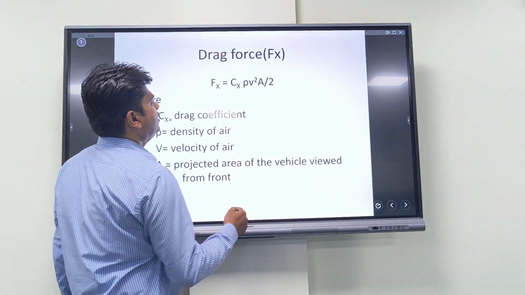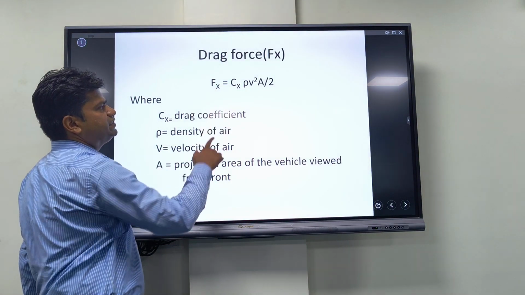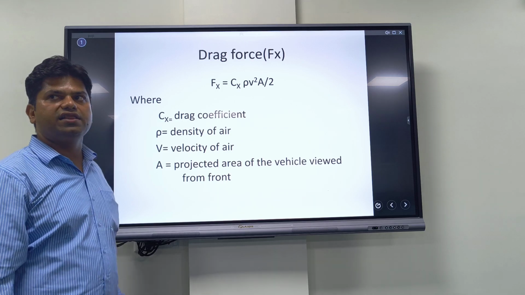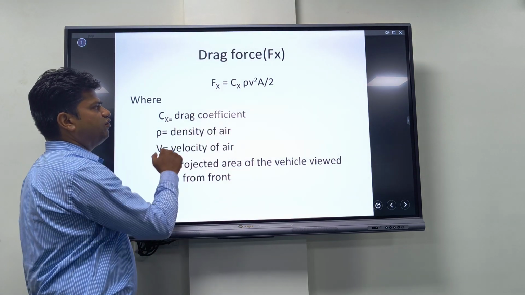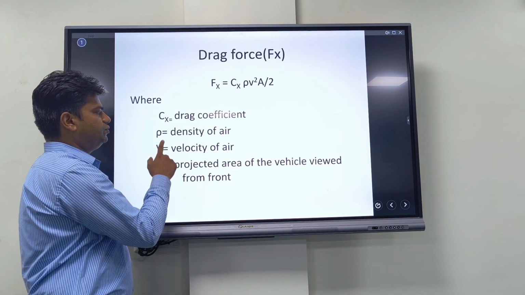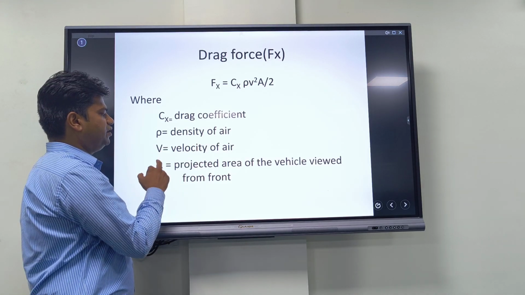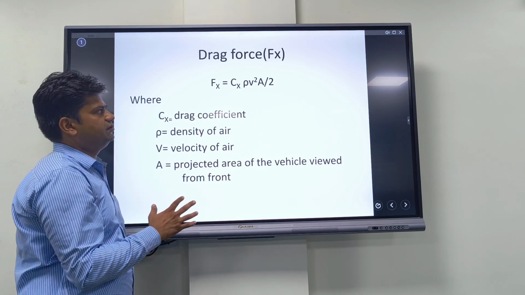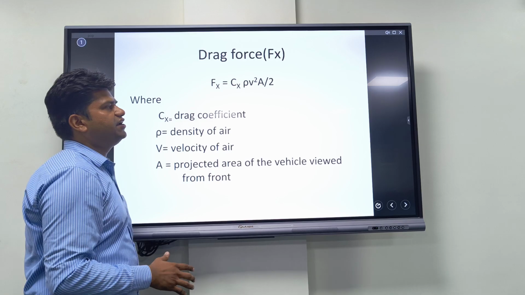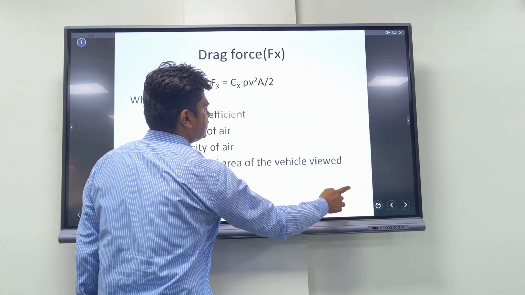Next slide. Drag force. This is the basic formula for explaining the drag force, where Cx equals drag coefficient, rho equals density of air, V velocity of air, and A is the projected area. This Fx is the drag force. Next slide.